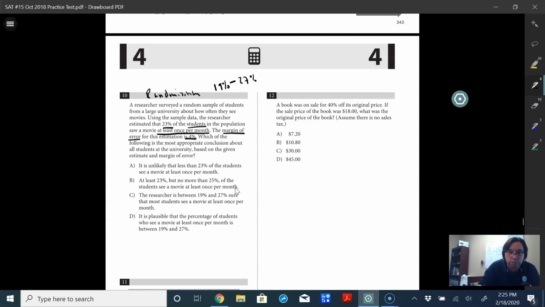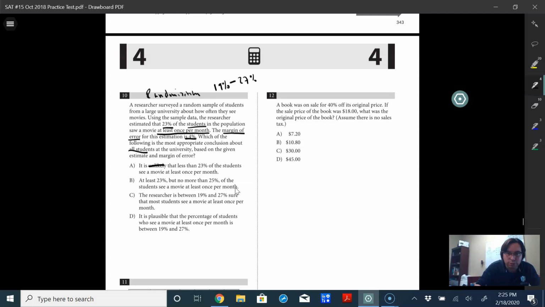Which of the following is the most appropriate conclusion about all students at the university, based on the estimate and margin of error? Here, A is suggesting it is unlikely that less than 23% of the students see a movie at least once per month. No, that's not really true. It could very well be likely, given the margin of error, so that's wrong.